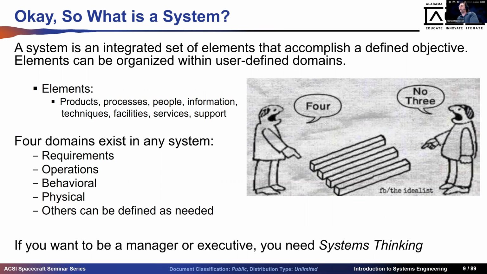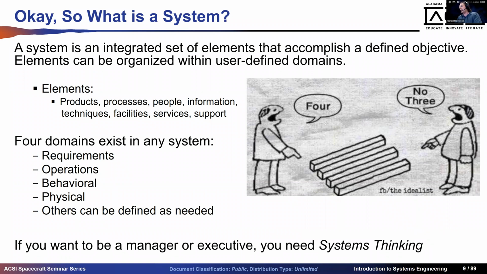What are the people involved in the behavior? What are the physical techniques that I'm integrating the system in? So you kind of have a matrix of your elements and your domains, and there are architecture frameworks that'll do that, but you can create domains and elements as you need them for your system. And then after you define that for your system, you move across that matrix, understand it, and that is how you're going to elevate your engineering process.